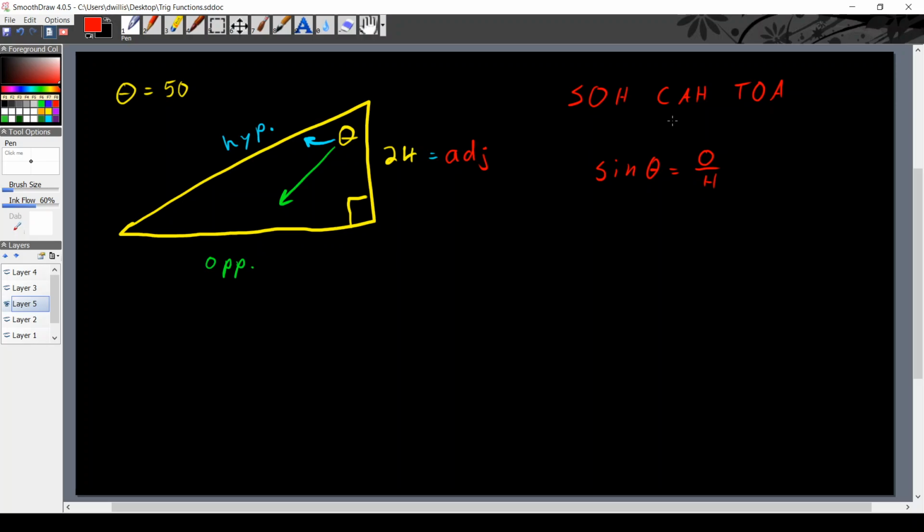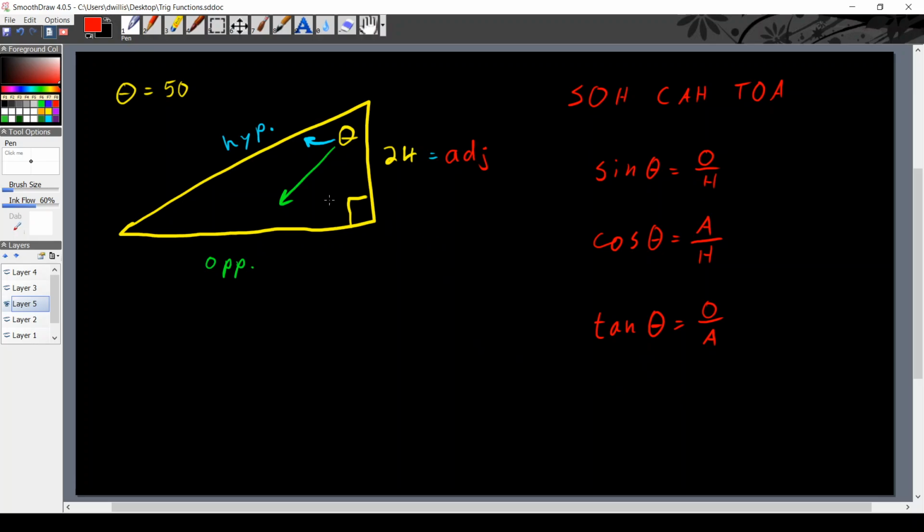Cosine of theta equals the adjacent side divided by the hypotenuse, and TOA reminds us that the tangent of theta is equal to the opposite divided by the adjacent. So tangent of theta is equal to the opposite side divided by the adjacent side.